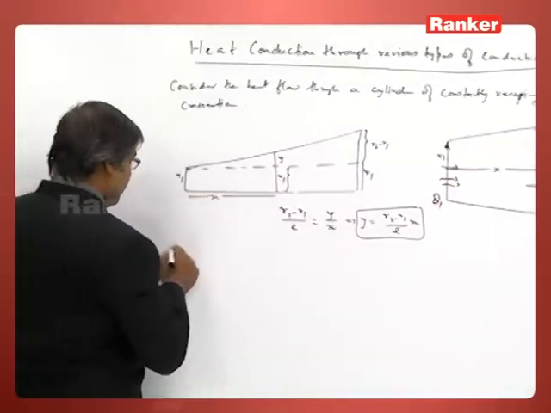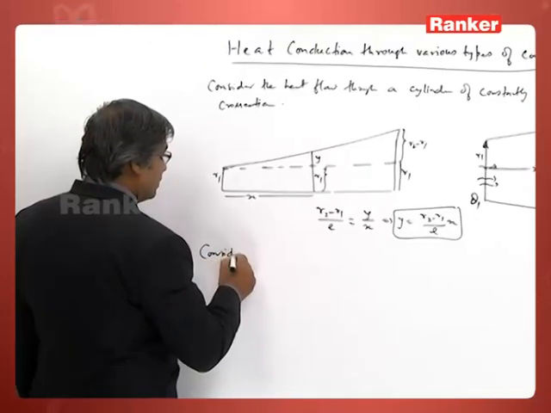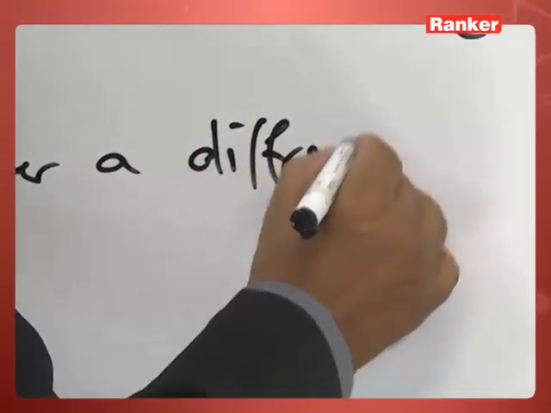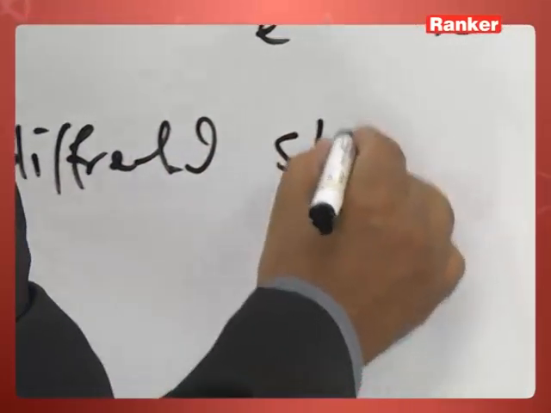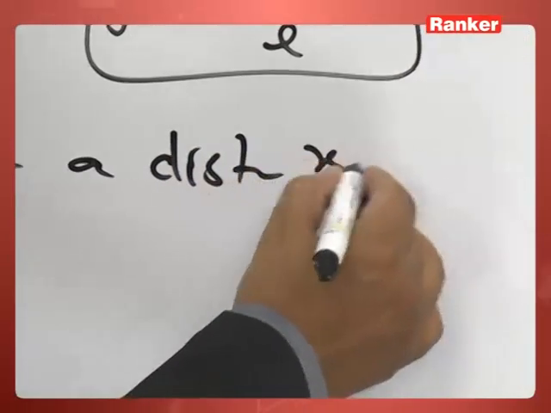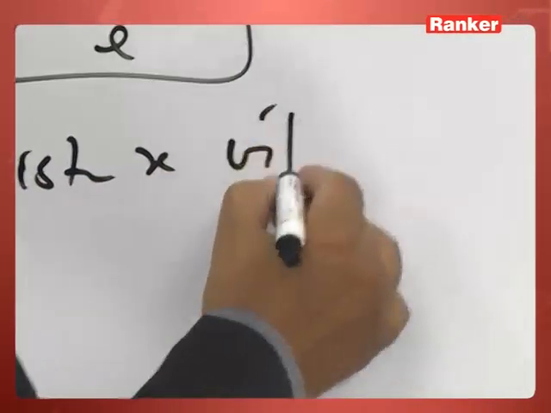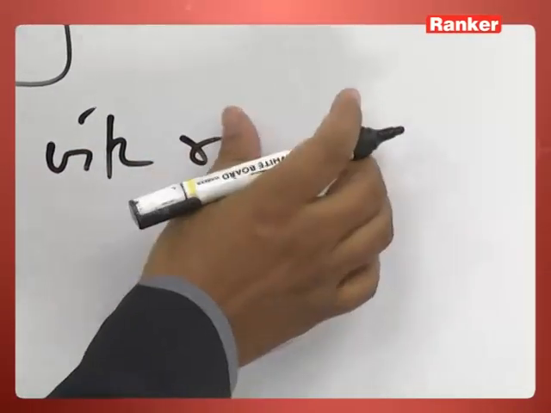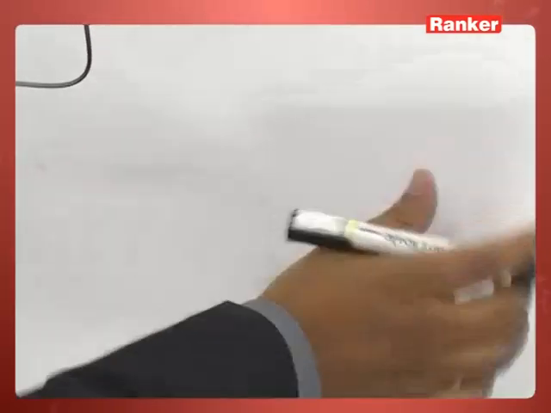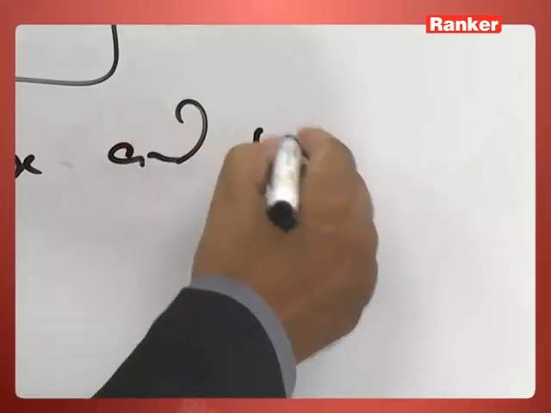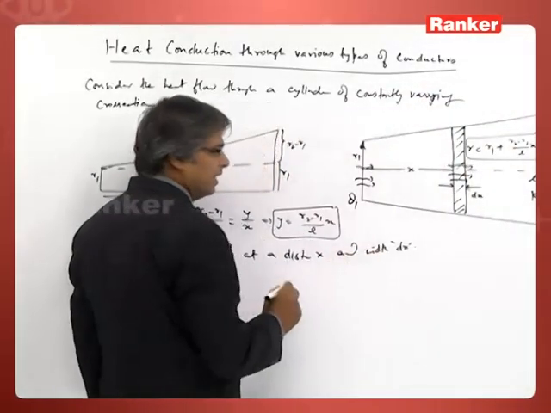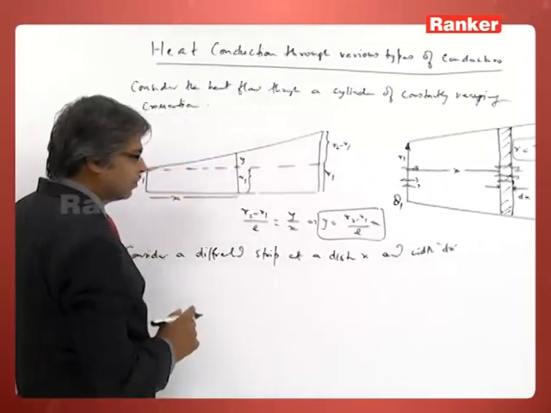Now, we have considered a differential strip at a distance x and width dx, that is thickness or width, anything we can say dx.